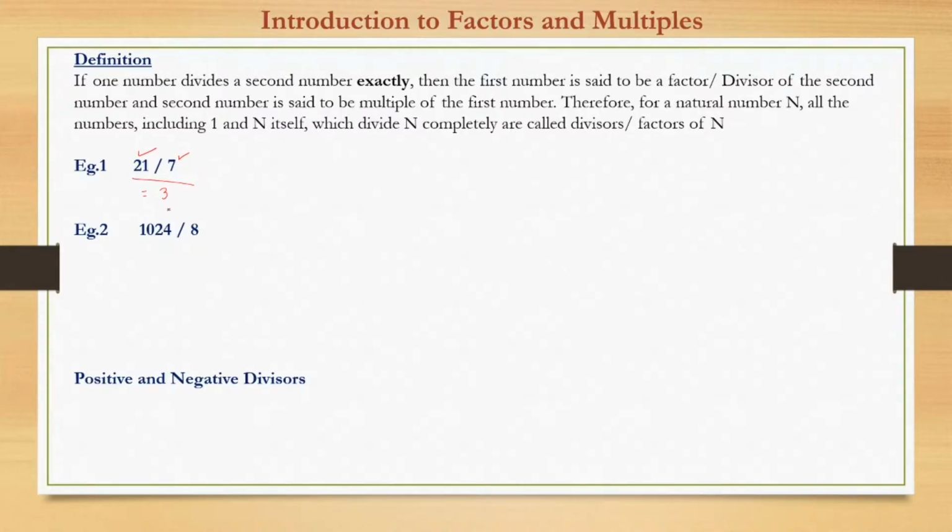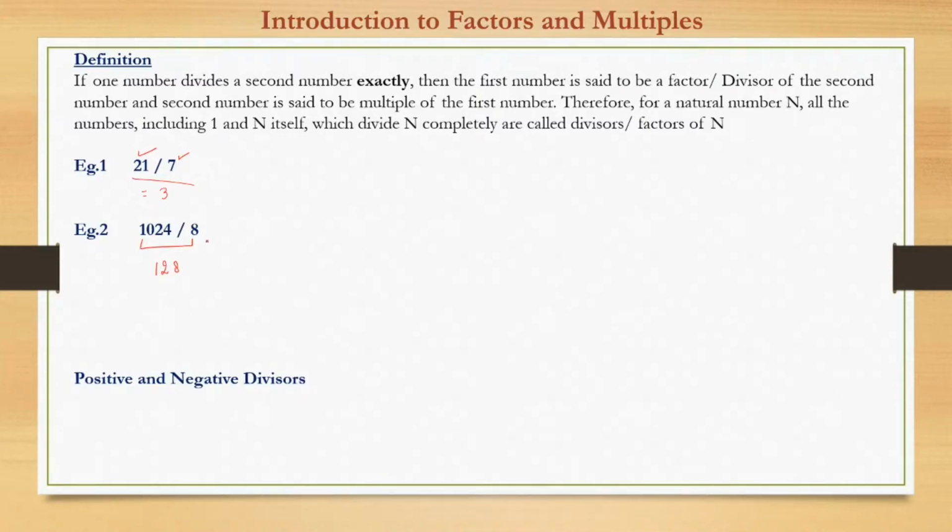I hope it's clear. If we see here 1024 by 8, 1024 is exactly divisible by 8 and the quotient we get is 128.